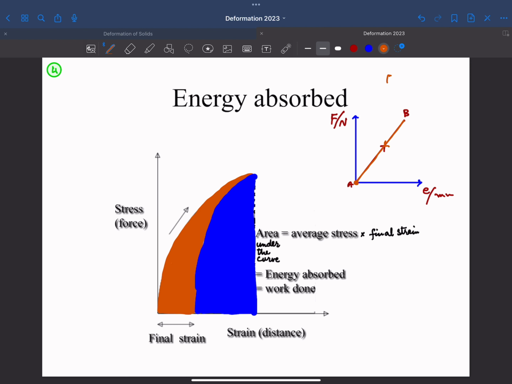So you can say that in case of an elastic body, total energy will be recovered, and in case of a plastic body, whatever energy we store in the system as work done, a part of it will be recovered and a part will be lost in the system. So this is very very important, and a number of times you will see questions based on this discussion.